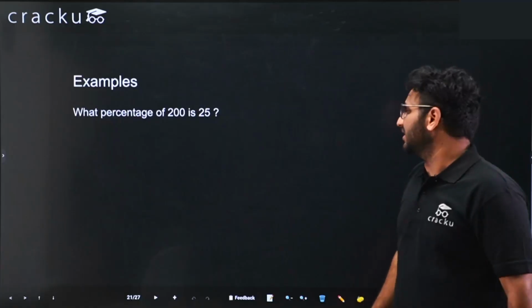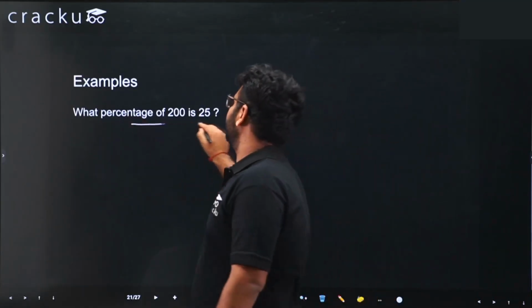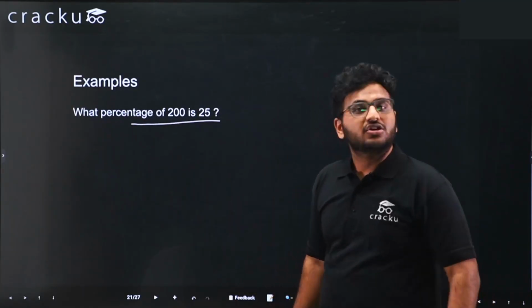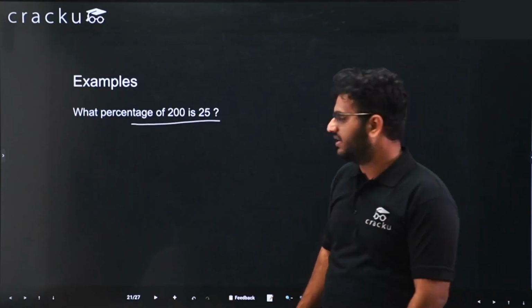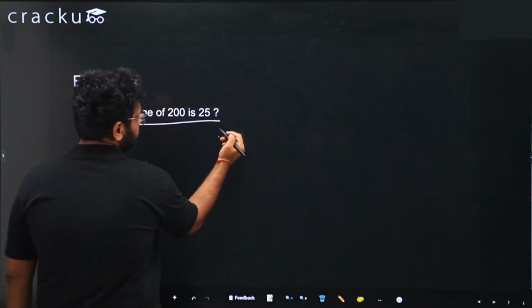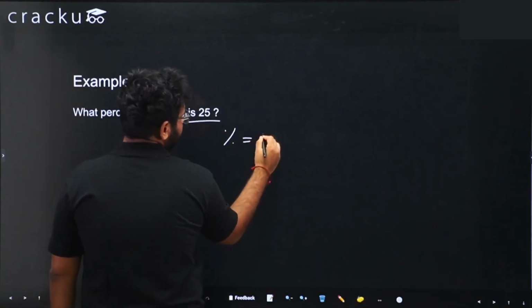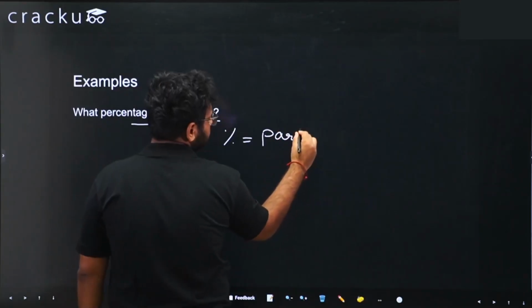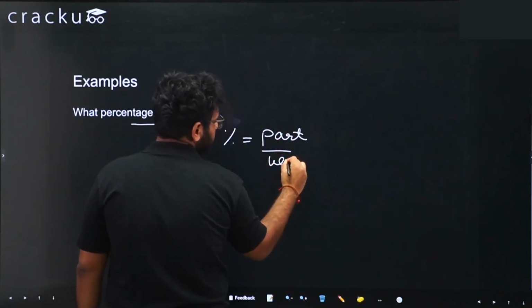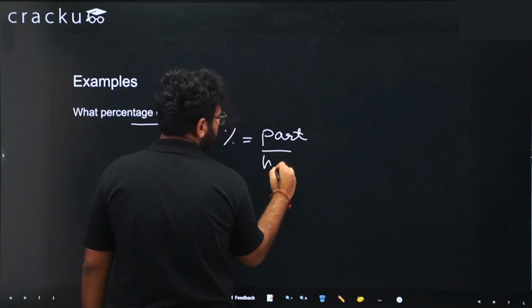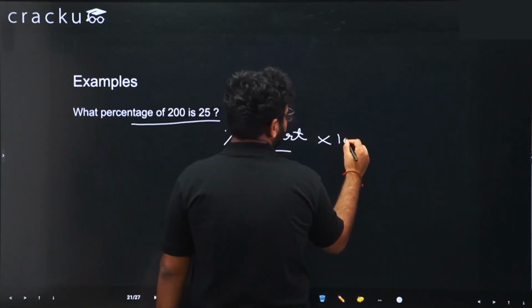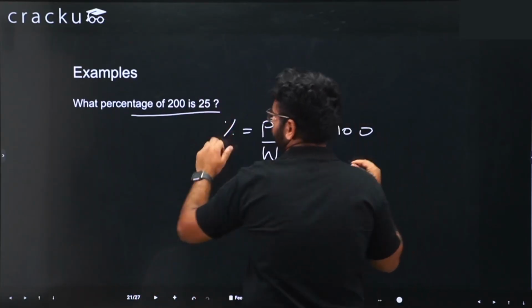So some of the other questions is what? What percentage of 200 is 25? So we know that percentage is equal to part by whole into 100. So part is what? 25.